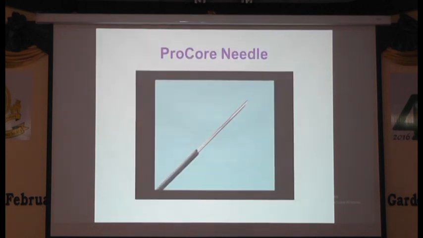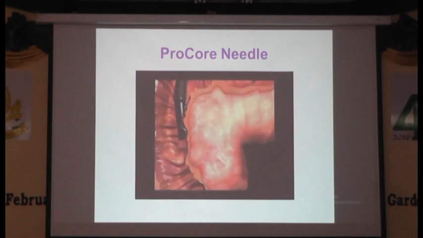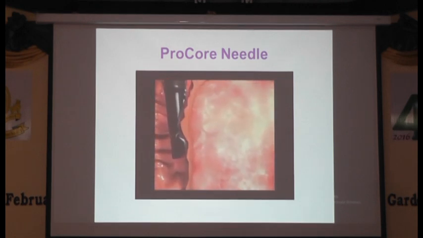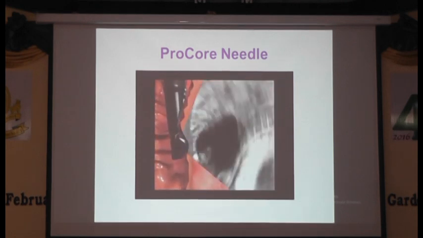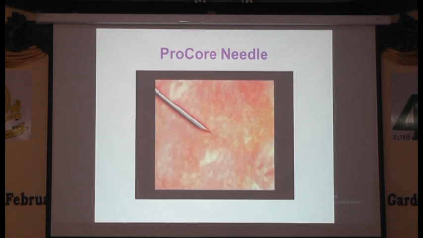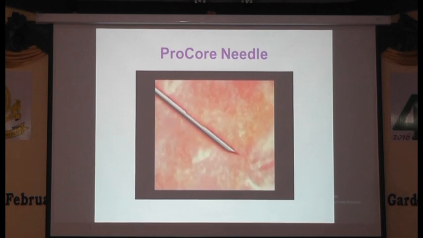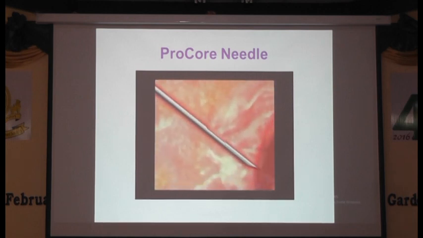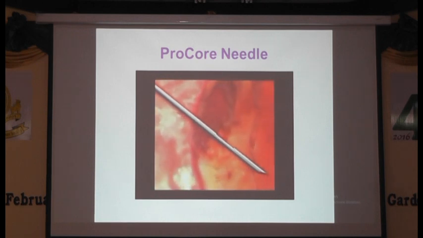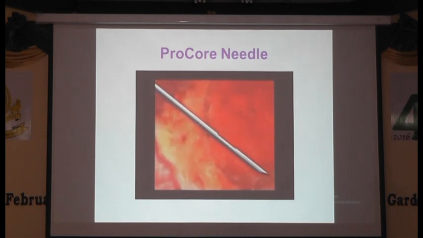But there were some technical difficulties with Tru-Cut biopsy needles. A ProCore needle was developed. It has various diameters, and if the lesion is to be reached through the duodenum, it is easier to do with the ProCore needle than the Tru-Cut biopsy needle. The needle is going into the mass lesion, and if the needle is well positioned, we can remove the stylet and we can see the hole on the side.